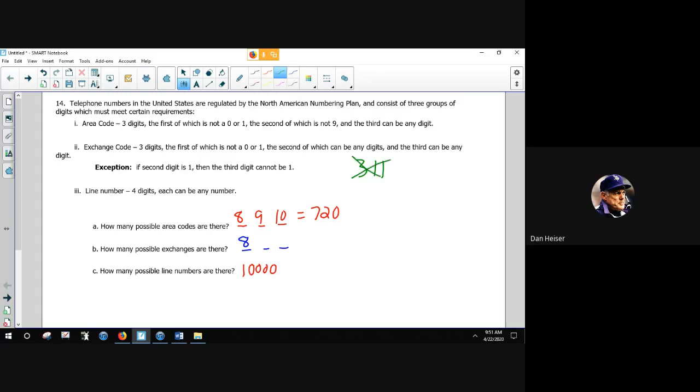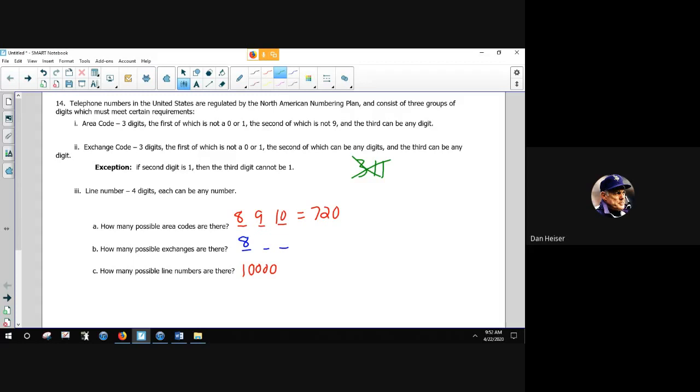Those exchanges are reserved for various things. A prime example, 911. Another example, in Wisconsin, we have 511. That is for traffic and road work updates. That's reserved by the state. So that is not a valid exchange code.